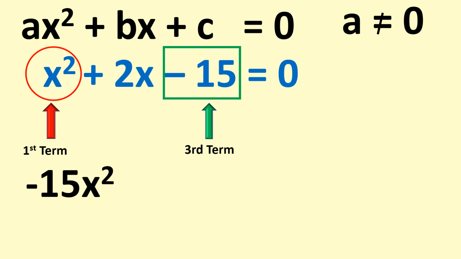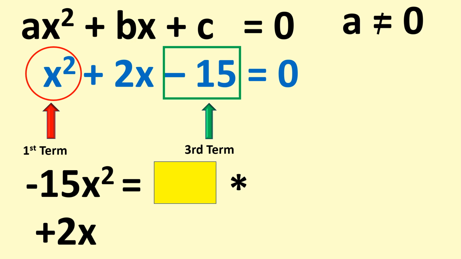So as we have identified the first term and the third term, we will multiply them together to get a product term. When we multiply x squared, which is the first term, with minus 15, which is the third term, or the constant term, we get minus 15x squared. We bring the second term, which is the 2x term, and we call it the sum term.